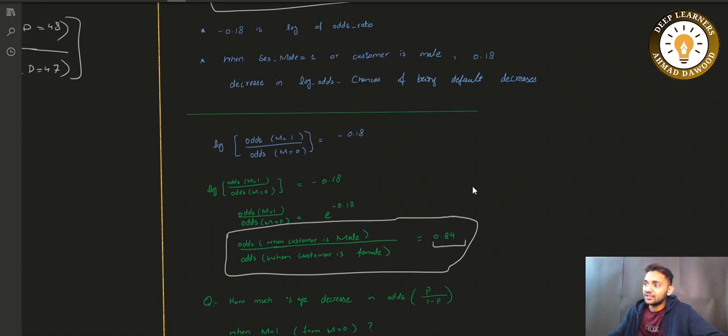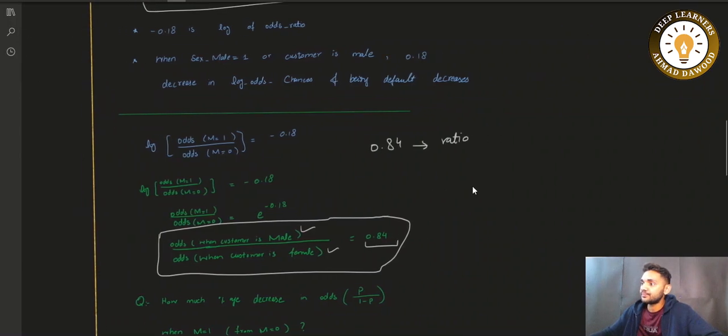Here you can see this is 0.84. It's the ratio of the odds when the customer is male to the odds when the customer is female.